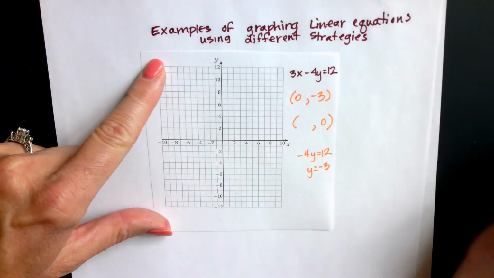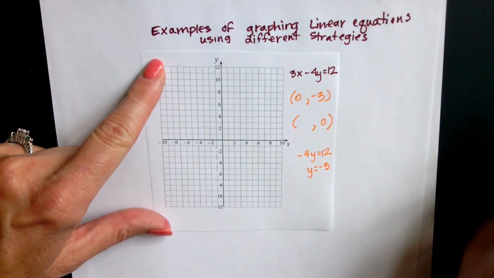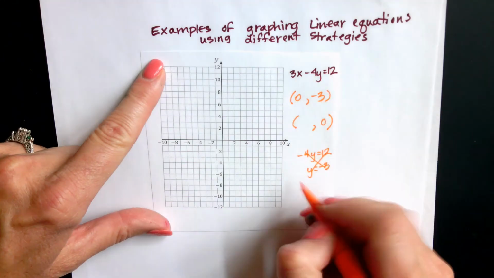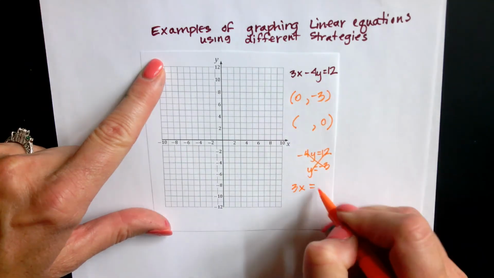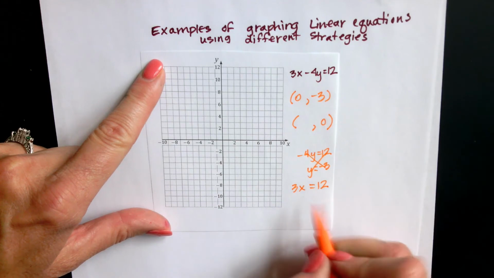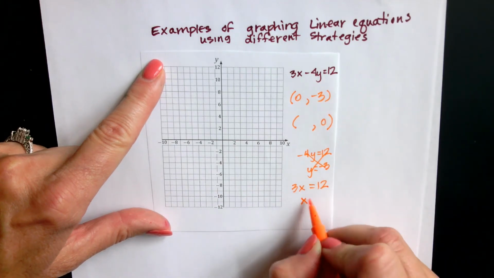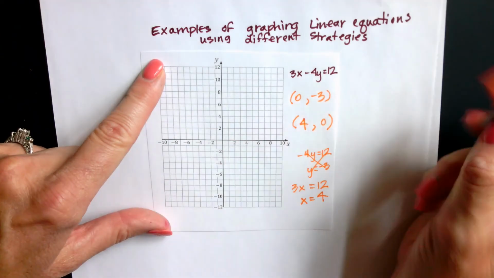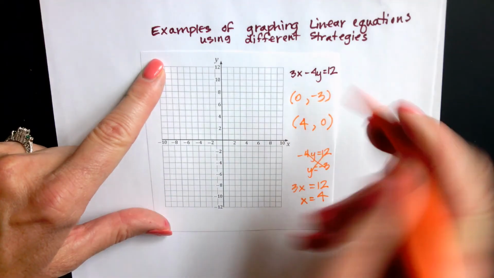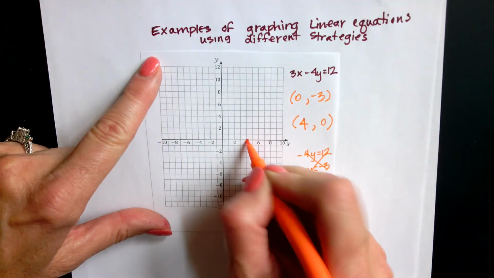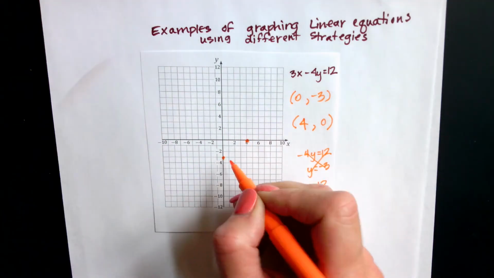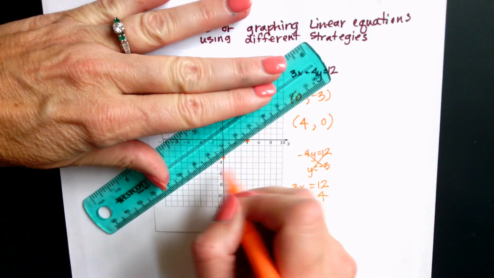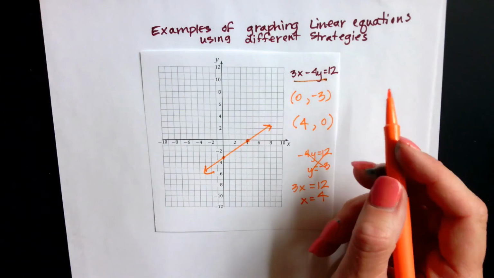So there's the y-intercept. Now if I substitute 0 in for y, that means 3 times x must equal 12. Divide both sides by 3, x equals 4. So there's my x-intercept. So I can plot the x-intercept, the y-intercept, connect those 2 points, and graph the line for that linear equation.